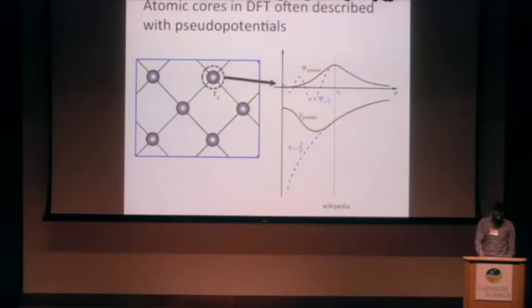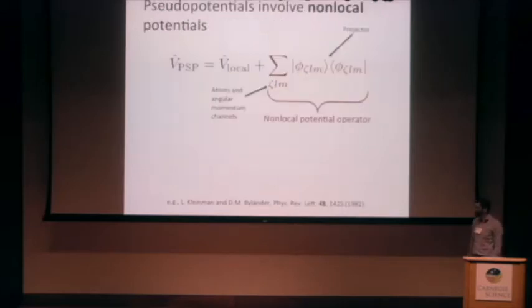And for some technical reasons that I won't get into right now, almost all modern pseudopotential implementations involve non-local operators in the potential operator. So if you apply it to a wave function, you have a local operator and then a non-local operator in the form of a projector, in this case over angular momentum channels.